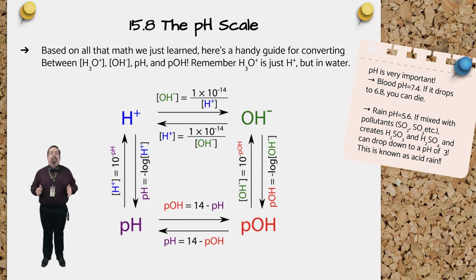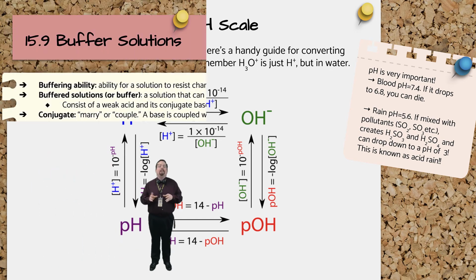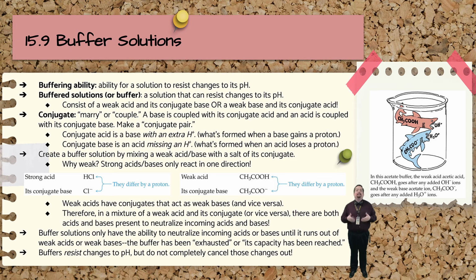In particularly polluted atmospheres, it can react with other chemicals, such as sulfur dioxide or the sulfite ion, and it produces sulfurous or sulfuric acid. This can bring our pH down a lot, like as low as 3. Any rain with a pH between 3 and 5.6 is called acid rain, and it can damage vegetation, wildlife, and infrastructure.